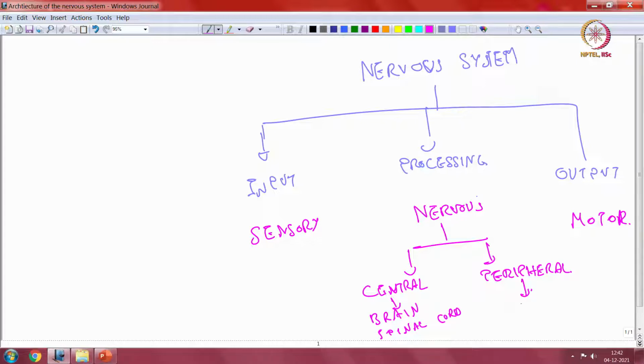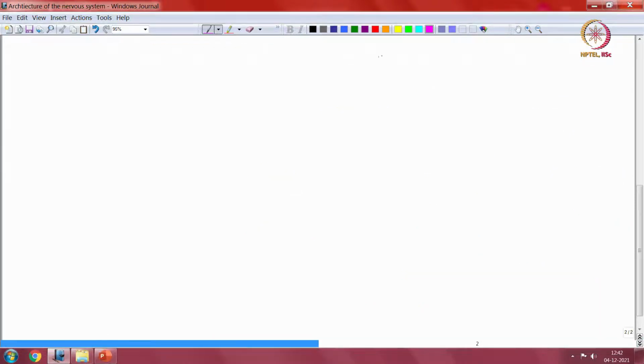You have the peripheral as in the cranial nerves, peripheral nerves. There are so many other things. You have plexuses, and there is also the autonomic nervous system, which is something we have to talk about.